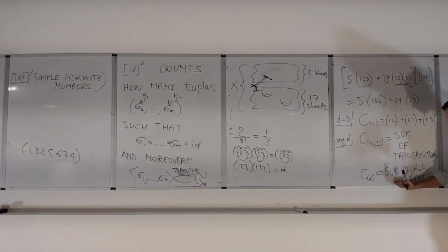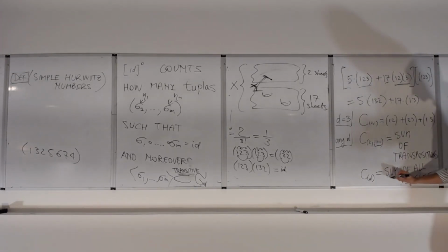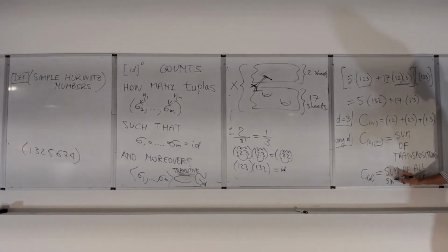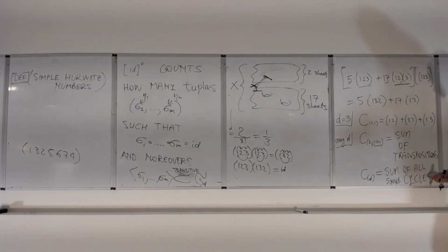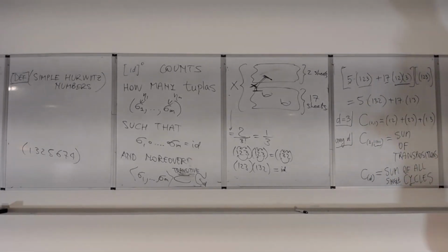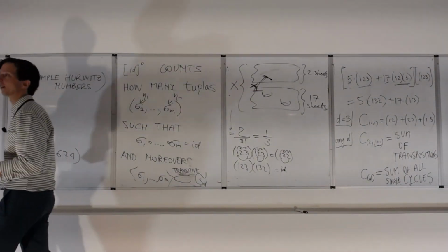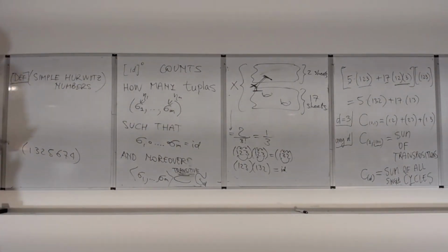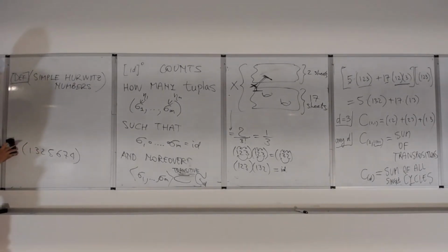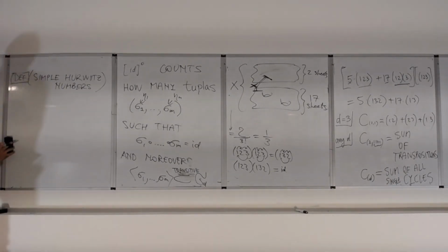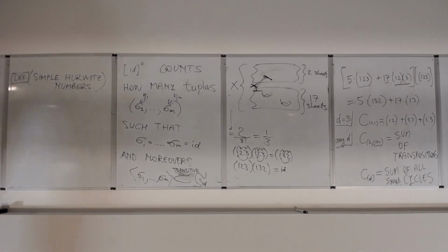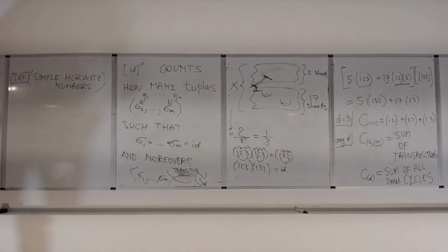Okay. If you want, I can write the sum of all single cycles, or individual cycles. How do you want me to call it? Just everything is inside 1 cycle. So simple Hurwitz numbers are like that.